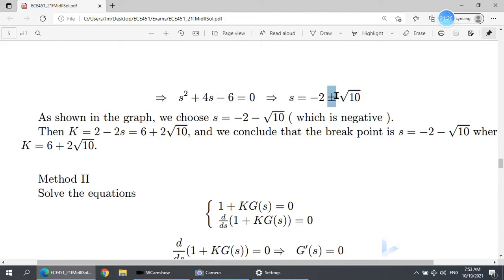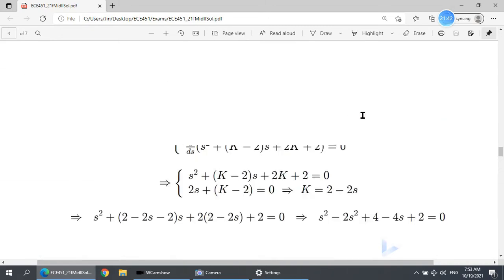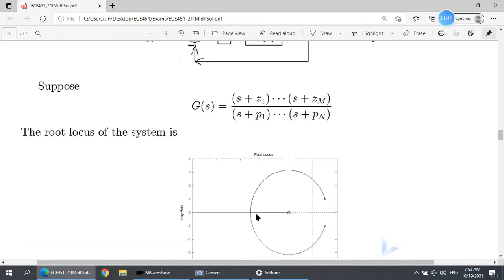If you use a plus, you will have a positive value. We only need a negative value, so we choose minus. So negative 2 minus square root 10, which is negative. We get this s, the location. S is here. It should be a negative value.